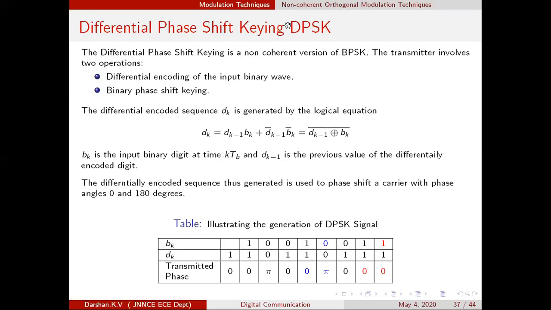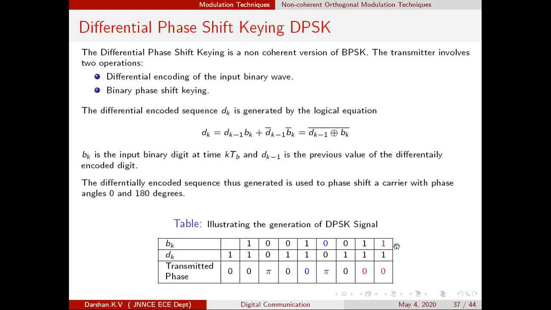So before getting into the receiver design, just let me revise the topic. What exactly does differential PSK contain? It contains initially differential encoding, and the differentially encoded data are then binary phase shift keying, or BPSK, modulated. As an example, you have the binary data given in the first row.